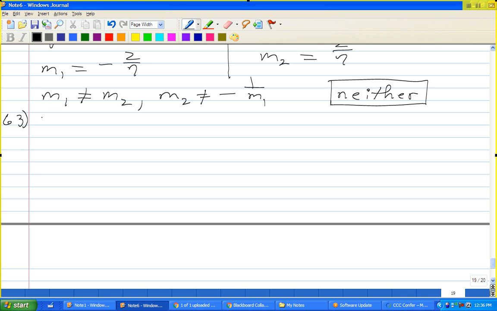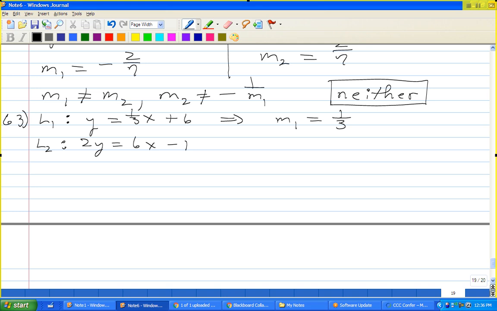y equals 1/3 x plus 6, 2y equals 6x minus 1. Well, from this first line, I have the slope is 1/3, since it's already been solved for y.